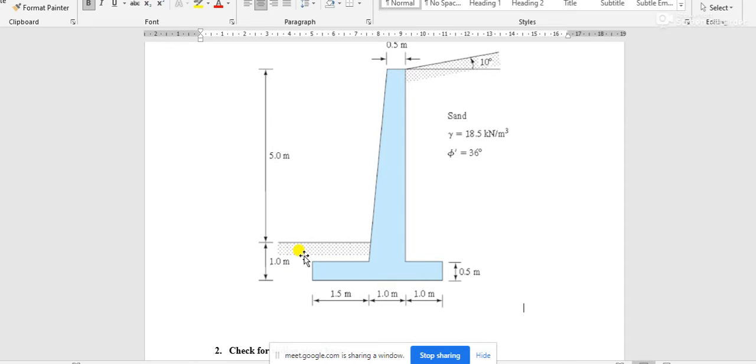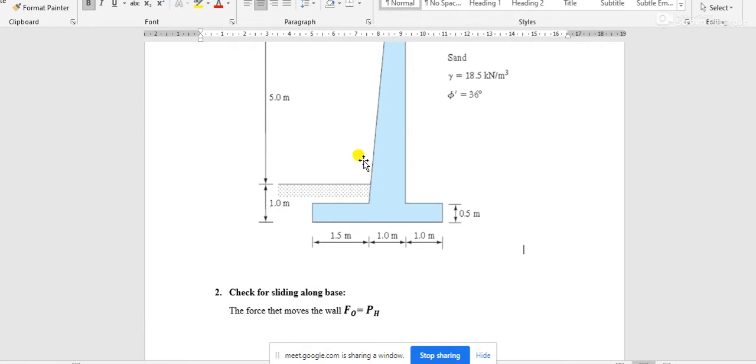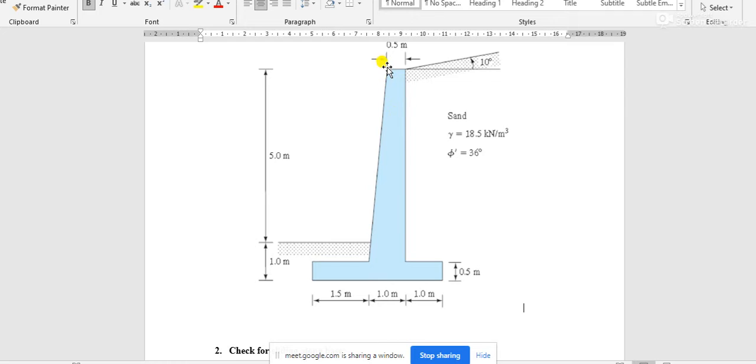Now we have to divide this retaining wall for our convenience, so that we can calculate the weight of each part of the retaining wall, and the same thing we have to do for the soil part also.